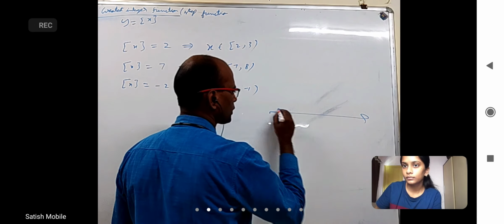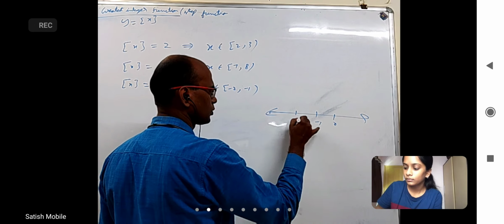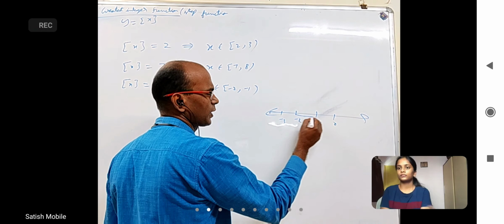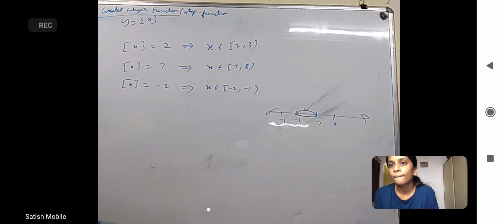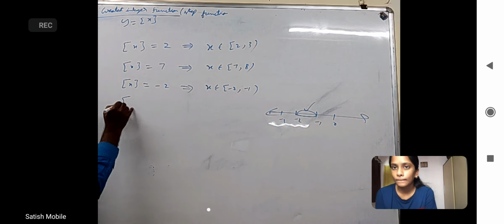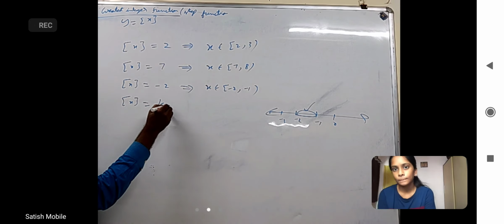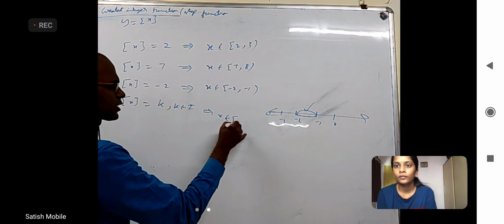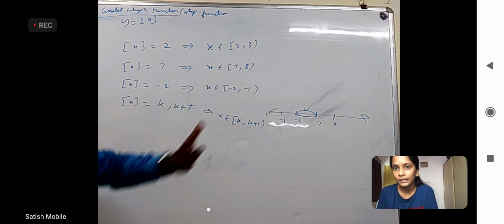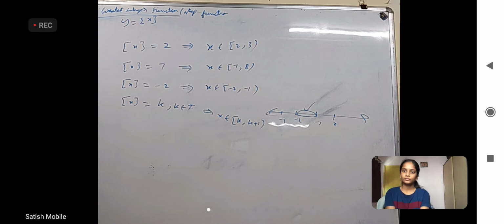If I take the number line 0, minus 1, minus 2, minus 3, the integer part will be minus 2 for all these numbers. Okay, closed minus 2. Same like this. In fact, I can write, if you want the integer part of x to be some k, where k is an integer, I can definitely say x should be between k and k plus 1. K closed, k plus 1 open. If it is 2, 2 to 3. If it is 7, 7 to 8. If it is minus 2, minus 2 to minus 1. Is it okay?